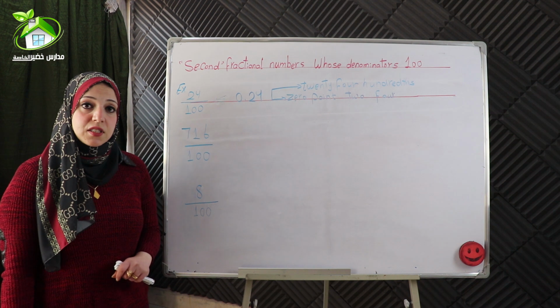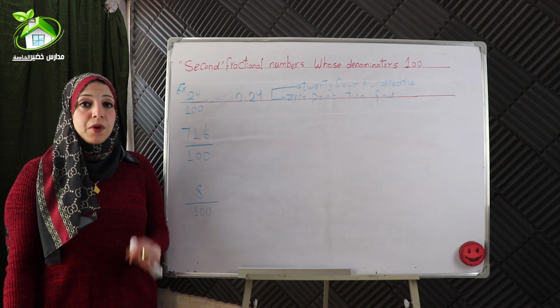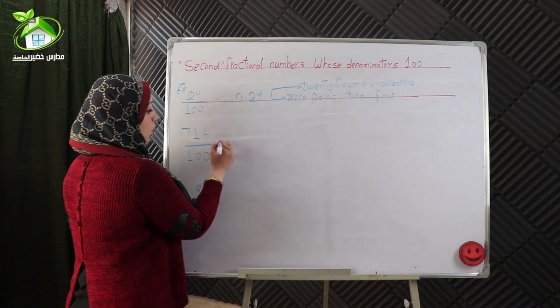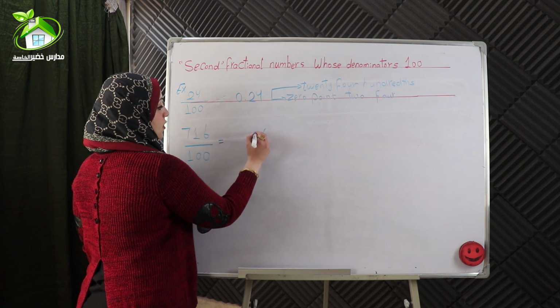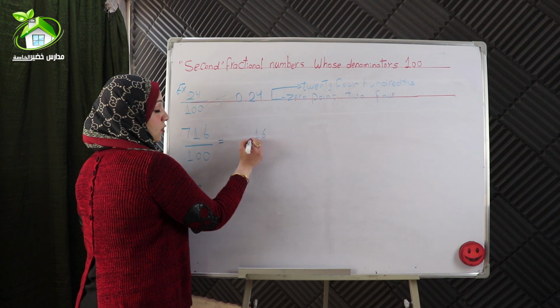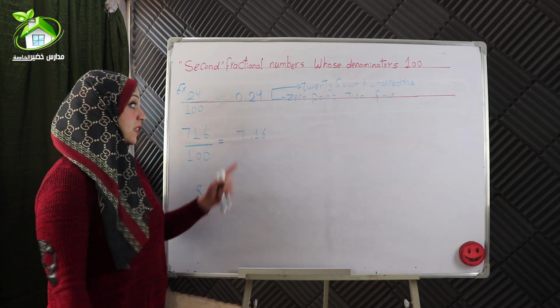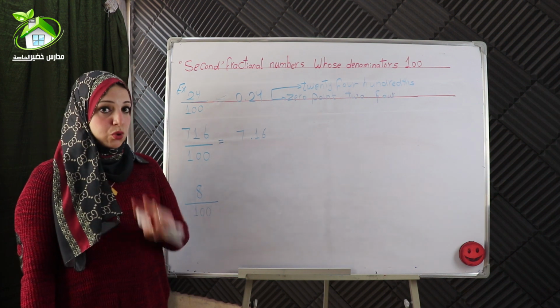The second example, 716 over 100. I can convert this fraction into a decimal number by putting a decimal point after two digits from the right. 6, the first digit, 1, the second, put the point, 7.16. How can I read this decimal number? I have also two methods.